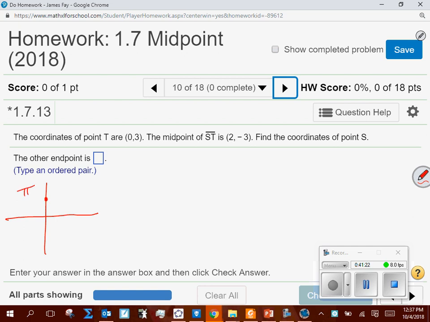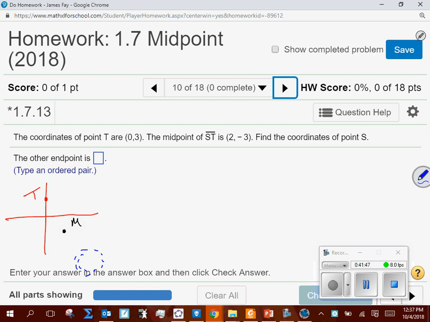The midpoint is at 2, negative 3. So maybe 2, negative 3 is down here. I'm going to call that the midpoint. They're asking then, if that is an endpoint and that's a midpoint, doesn't the other endpoint have to be down here somewhere? So they're asking, can we find that location?